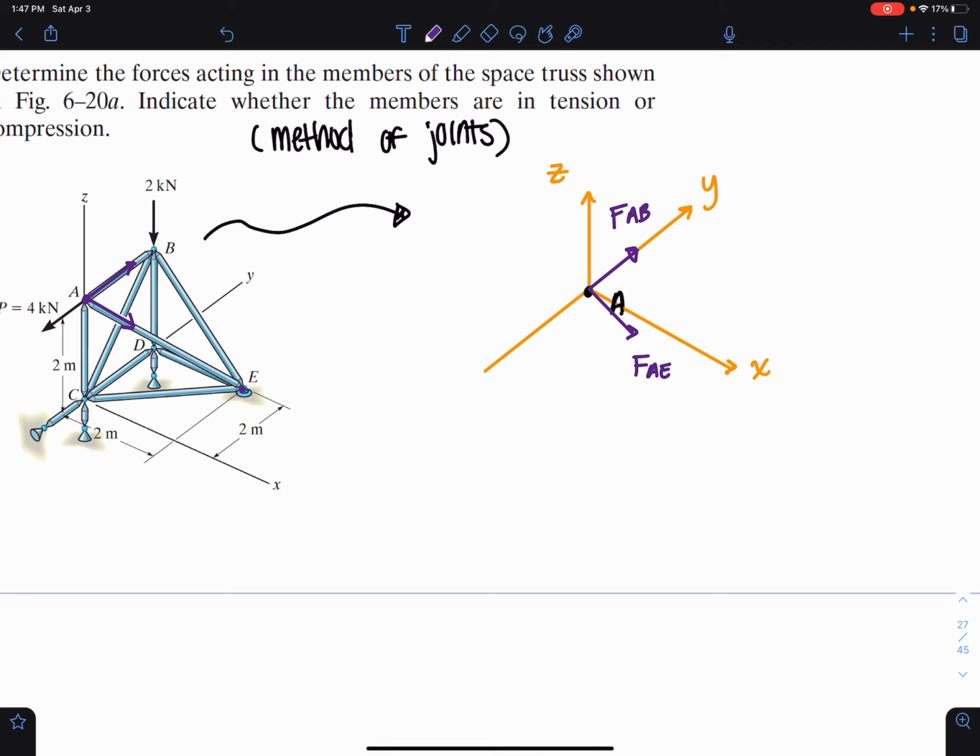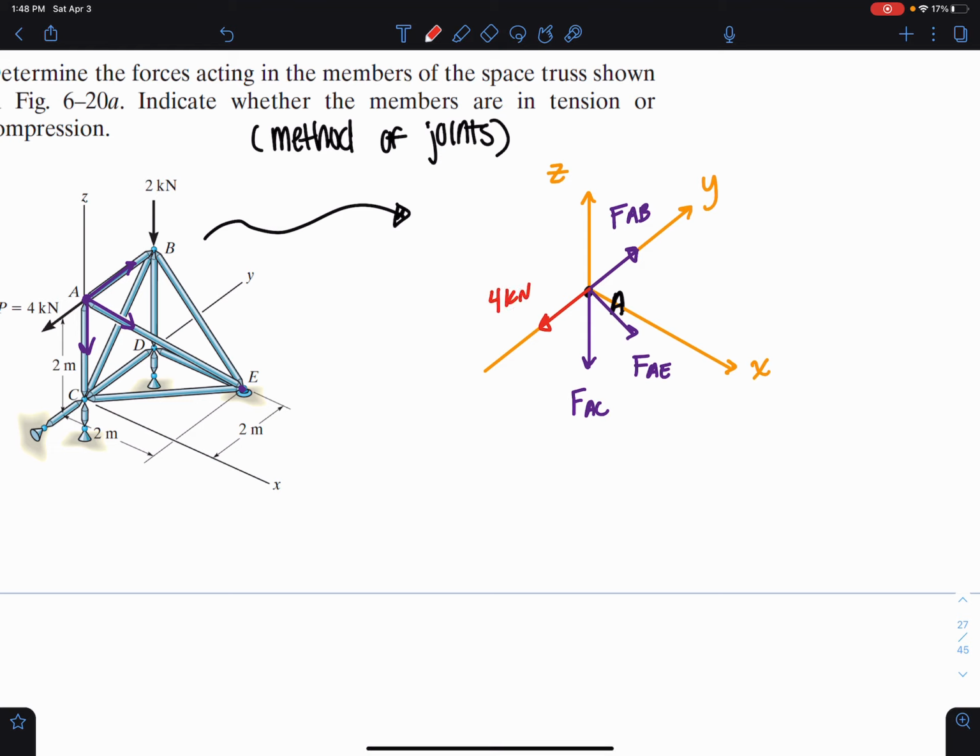FAE. I have FAC purely in the negative Z direction. And then I also have a 4 kilonewton load at joint A, and it's purely in the negative Y direction. Right? I think that's it.